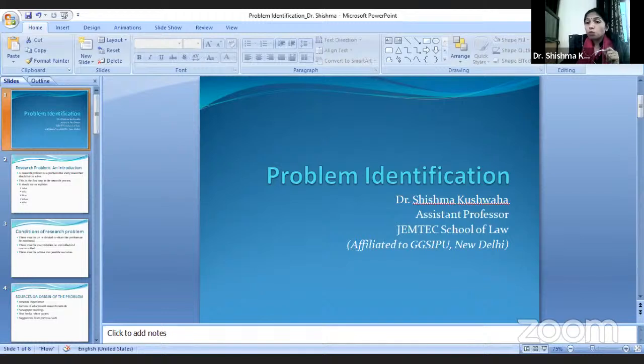What will be that suitable time? For example, I said that yes, I'm going to do a study to study the impact of this particular law on the particular population, right? But I have not identified the time period in which I'm going to study this impact.